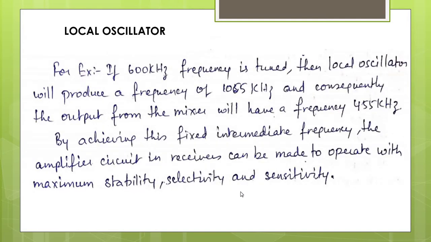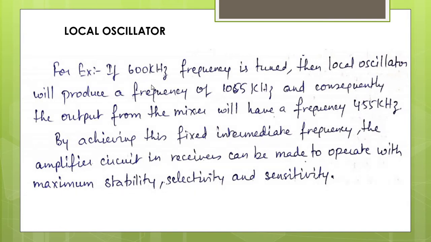Then we have the local oscillator. The local oscillator generates a frequency. Suppose the incoming frequency is 600 kilohertz, then the local oscillator will produce a frequency of 600 plus 455 kilohertz, which is the IF frequency. So the output of this local oscillator will be 1055 kilohertz, and consequently the output from the mixer. The mixer will subtract these two signals, that is 1055 minus 600 kilohertz.